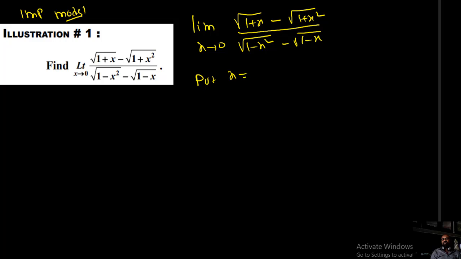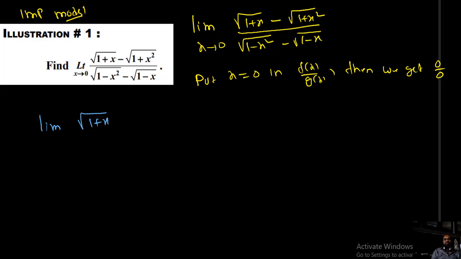Put x equal to 0 in the problem, which is in the form of f of x by g of x, then we get 0 by 0. Means directly you can't find the limiting value of that function. So again I want to use the rationalization concept, students.